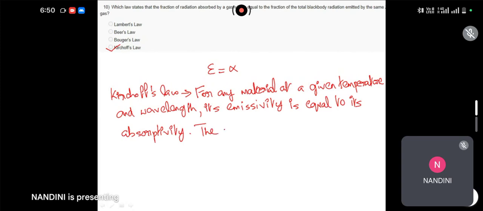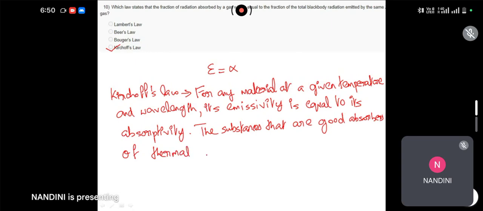The substances that are good absorbers of thermal radiation are also good emitters.